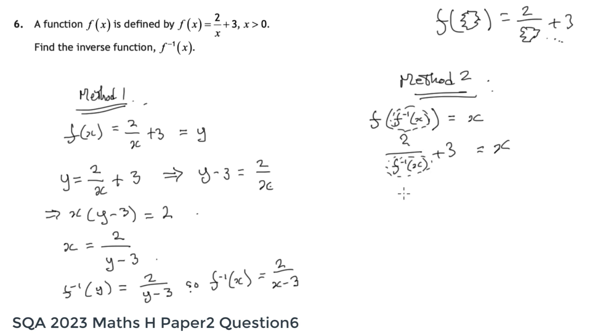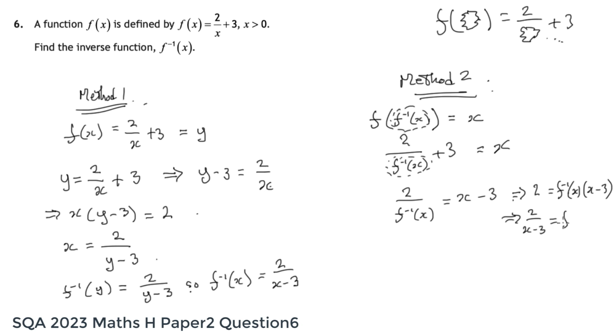We take 3 from both sides. Multiply both sides by f to the minus 1 of x, so that'll appear outside brackets here. And then we want to get rid of the times x minus 3, so we'll divide both sides by x minus 3.